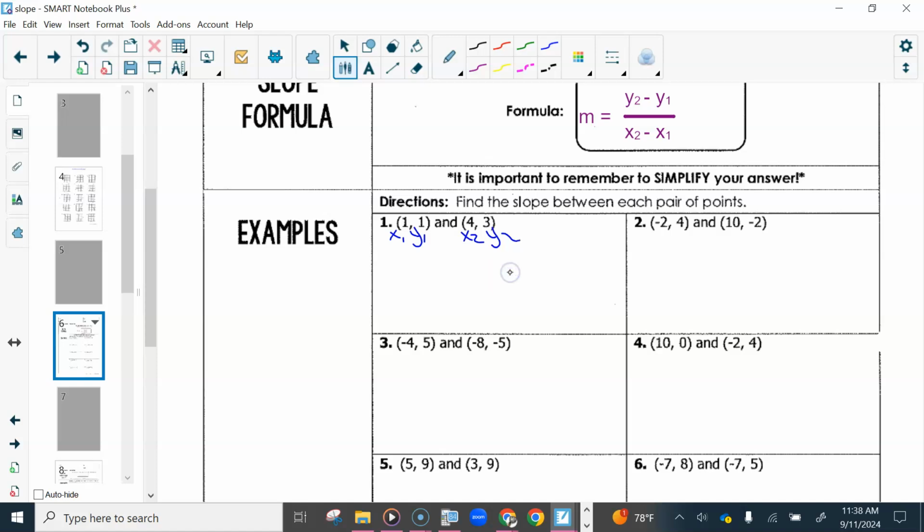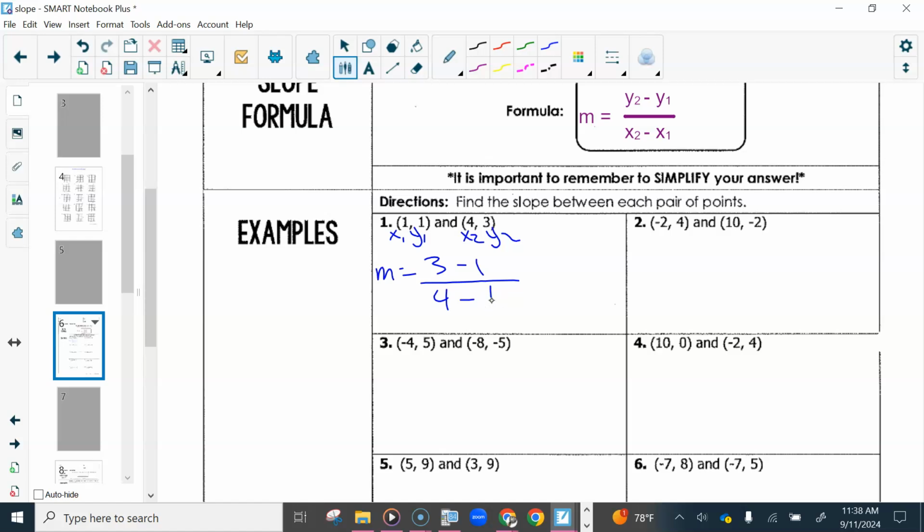So m equals y2, the 3. We are always subtracting no matter what. Our y1 is 1, all over our x2, 4, and our x1, minus 1.